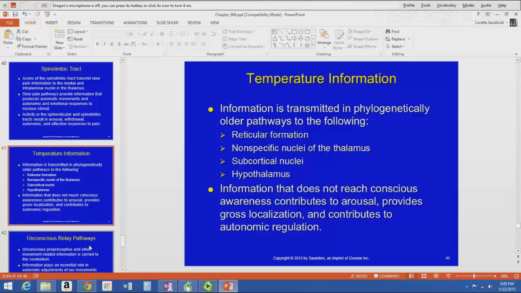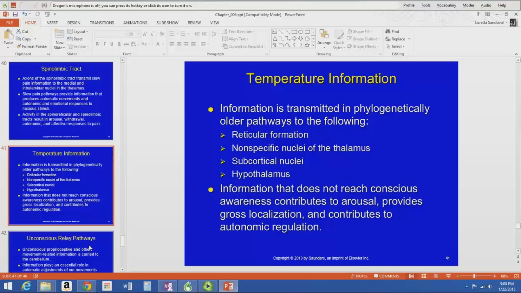Okay, so you really don't need to know that phylogenetically older pathways, but temperature information goes in at a very subconscious level. The information that doesn't reach the conscious awareness contributes to arousal, gross localization, like being able to tell where it's warmer and where it's colder, and it contributes to autonomic regulation.